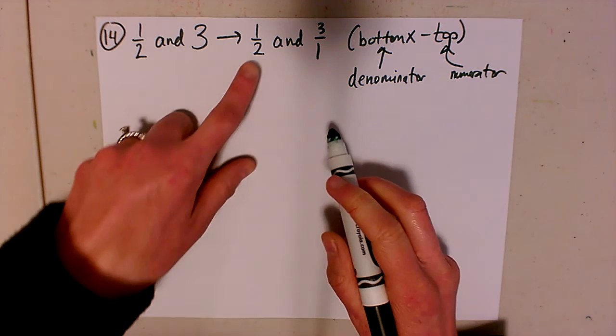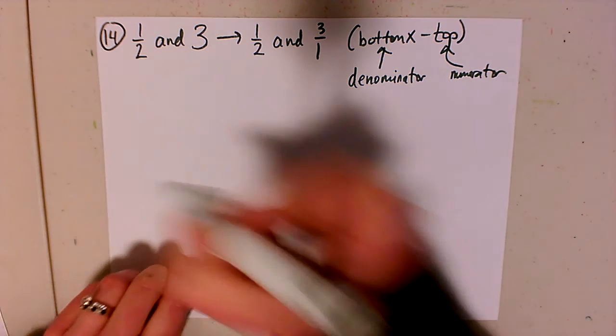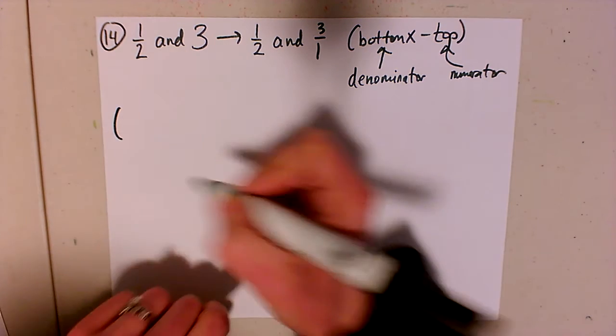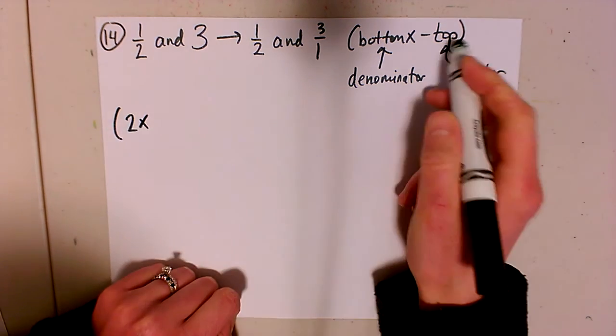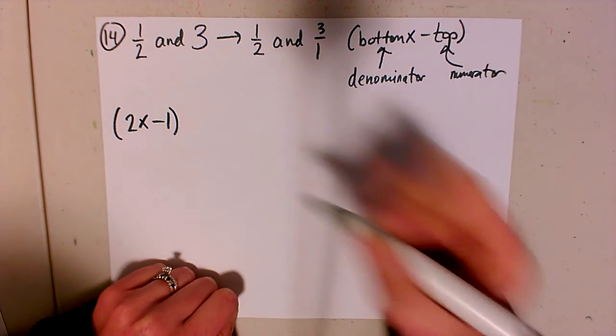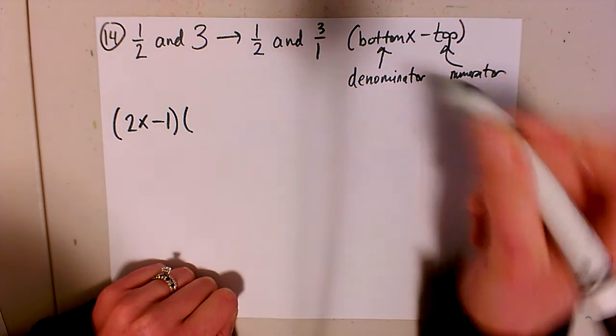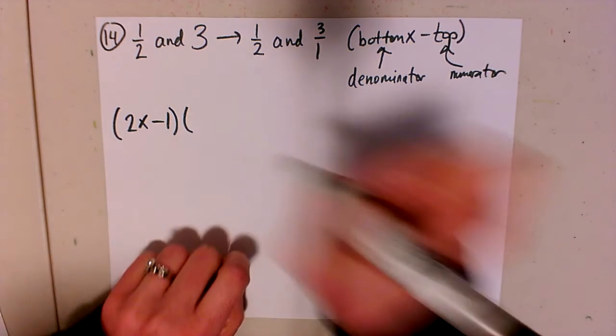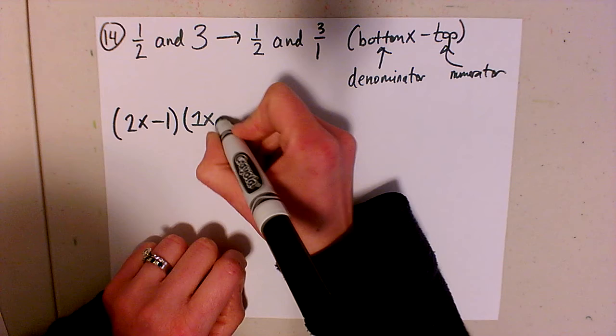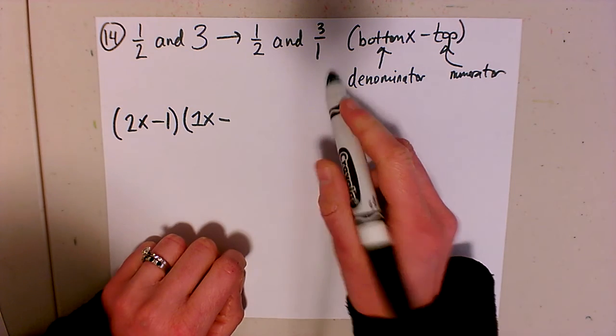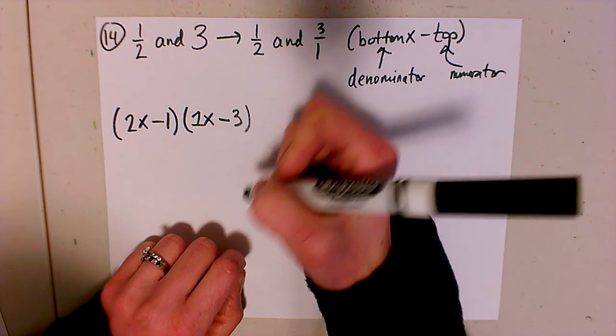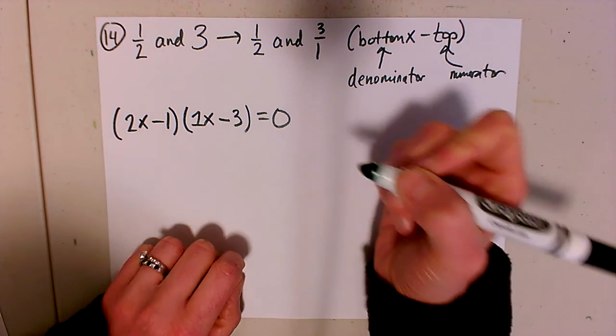Okay, so first piece, 1/2. My denominator there is a 2, so I'll have 2x. And then my numerator is a 1, so minus 1. Next piece, 3/1. My denominator is a 1, so I'll have 1x. And then my numerator is a 3, so that'll be minus 3. Right? And the whole thing is set equal to 0.